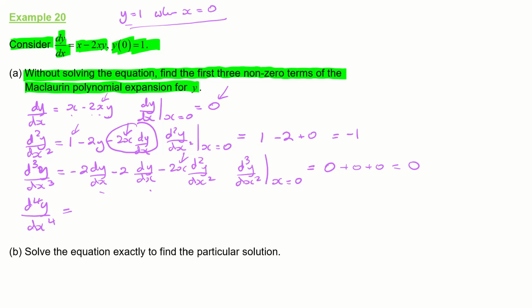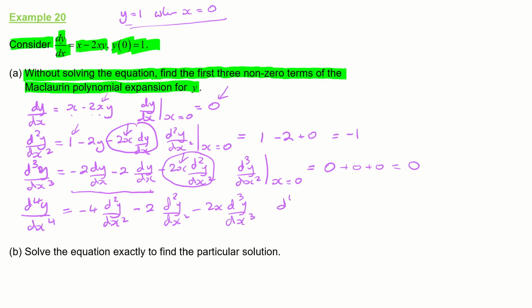So that would be, let's put those two together, that's negative 4 dy/dx, so that's going to be negative 4 d2y/dx squared. And then we'll have, treating this one here as if it is a product, minus 2 d2y/dx squared, take away 2x d3y/dx cubed.